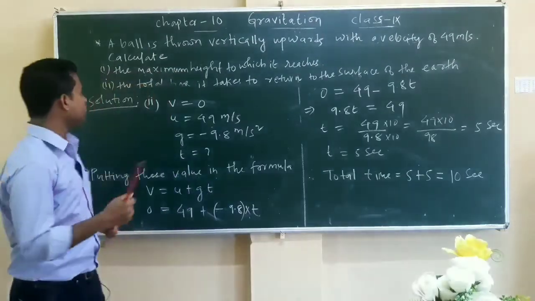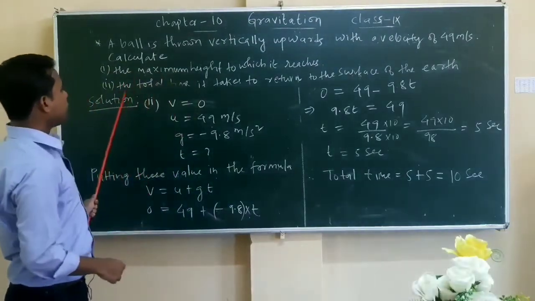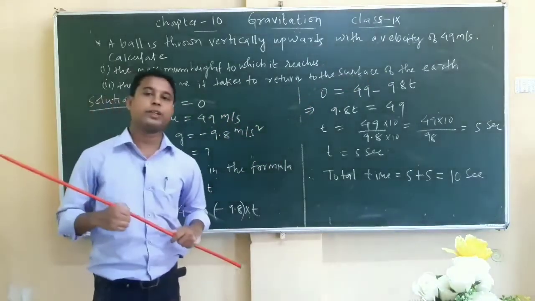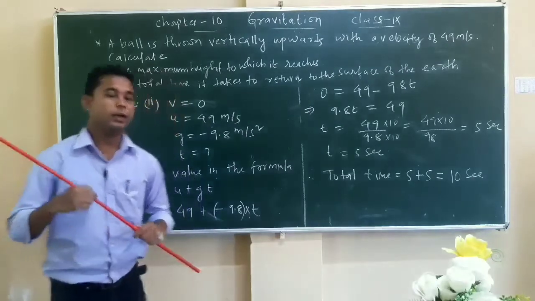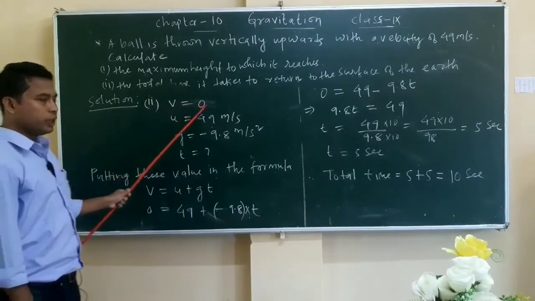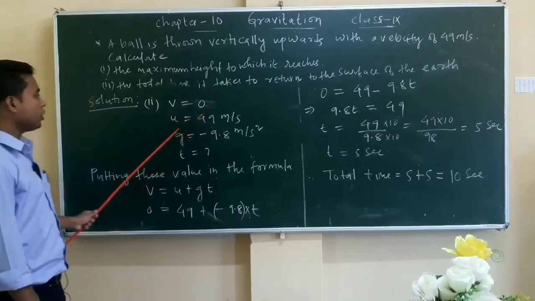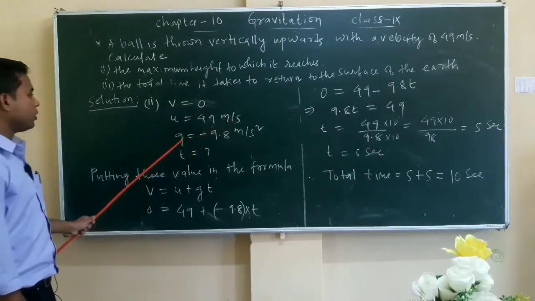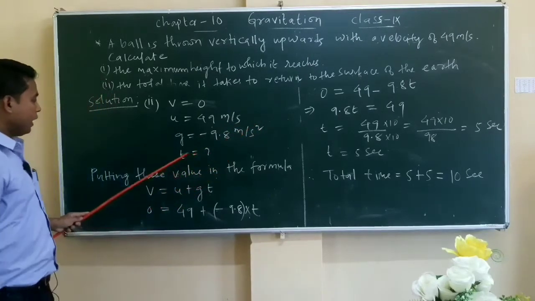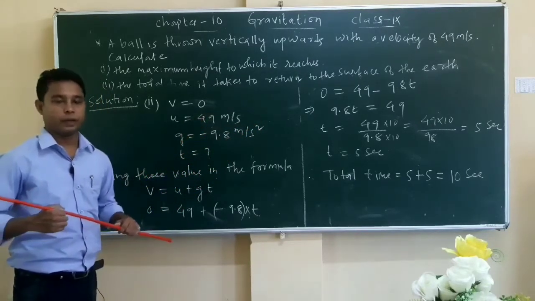Now the second question is, calculate the total time it takes to return to the surface of the earth. Same, final velocity v is equal to 0, u equal to 49 meter per second, g is equal to minus 9.8 meter per second square, and t is equal to question mark. You need to find out t.